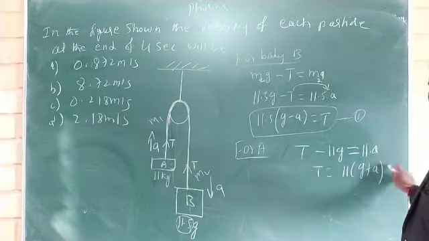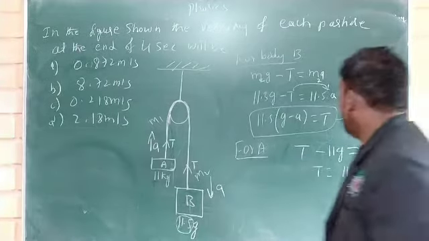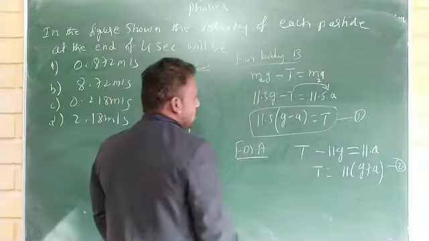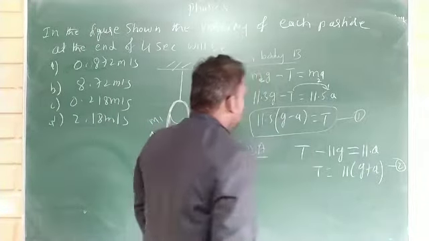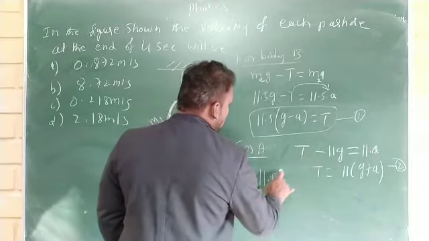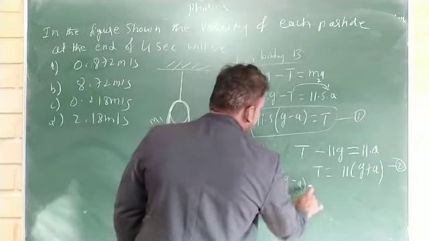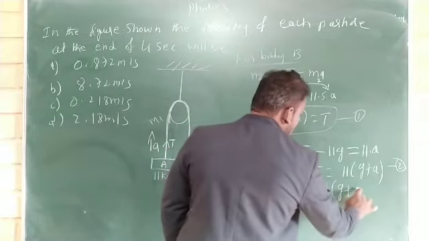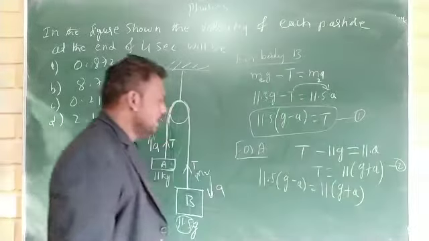This is equation number 1. Comparing these two equations and simplifying for acceleration a: 11.5 into (g minus a) is equal to 11 into (g plus a).